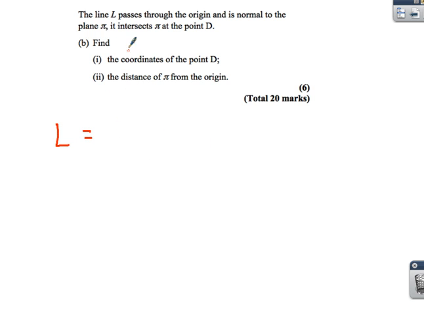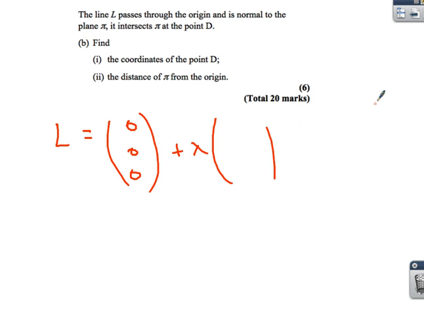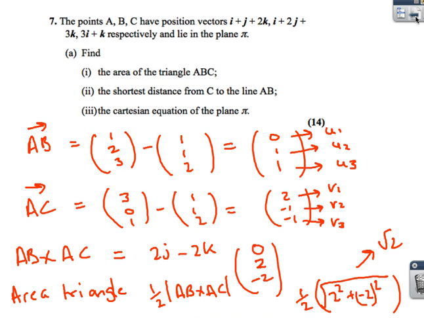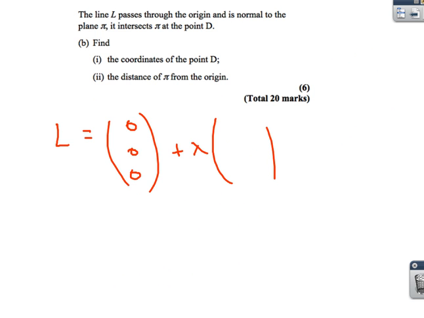So the equation of the line L, well, it goes through the origin, so therefore it goes through the point 0, 0, 0. And if it's normal to the plane, well, again, coming back to the cross product, this cross product here, that is the normal to the plane, so that is what we've already worked out. So we can just simply write that as 0, 2, and negative 2 like that.